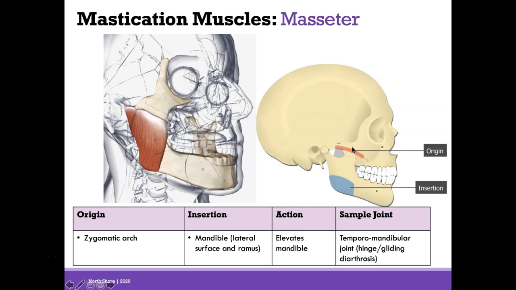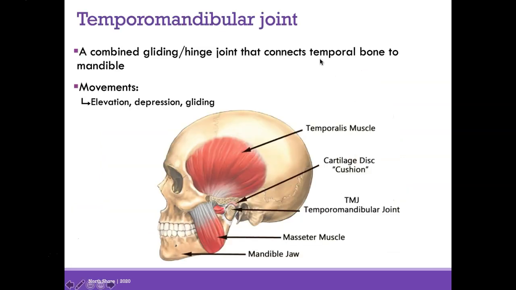So this is the origin, this is the zygomatic arch, and it inserts on the mandible at the lateral surface and the ramus. The lateral surface and the ramus of the mandible. So overall, the masseter will help us elevate the mandible to help us chew at the temporomandibular joint. So here is that temporomandibular joint, here is the masseter muscle, and here is the mandible.